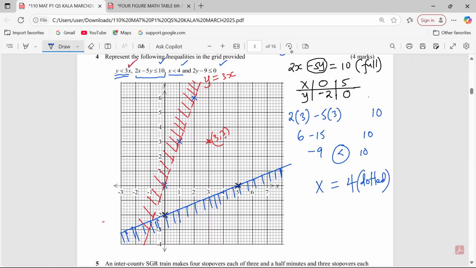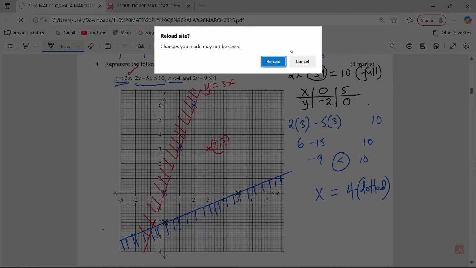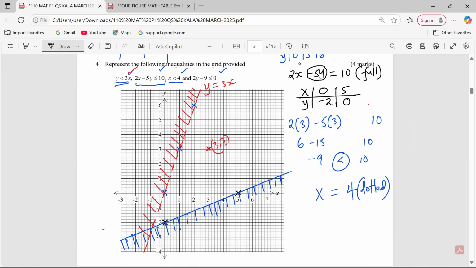So x equals 4, we go to the x-axis and we identify 4, then we draw a line there. Yeah, this is x equals 4 that way.